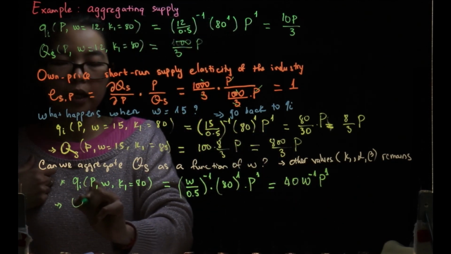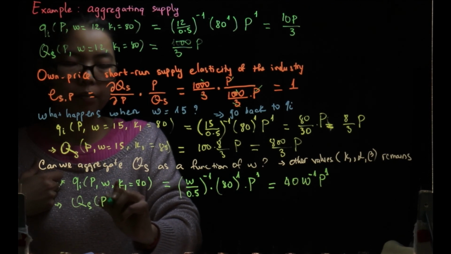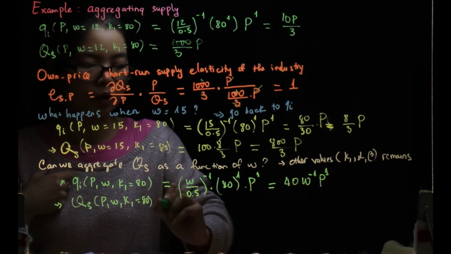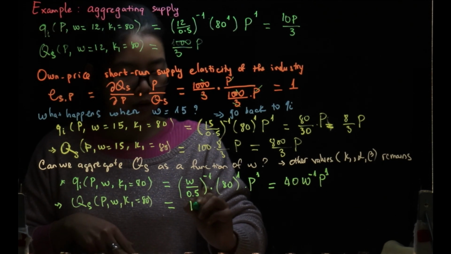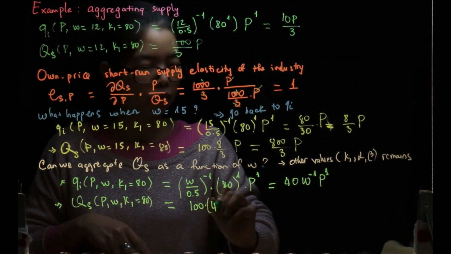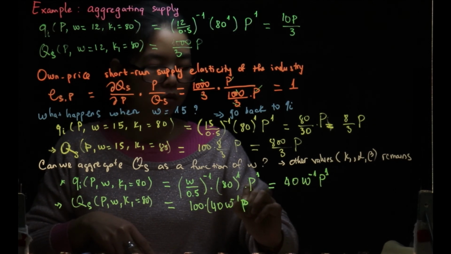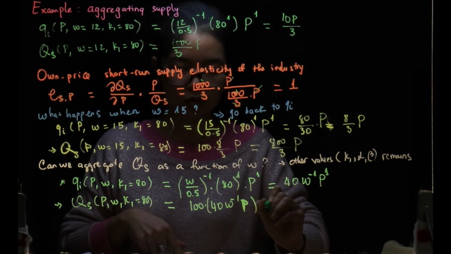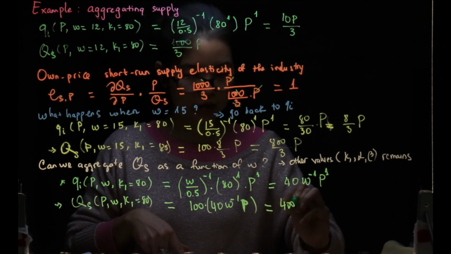So we would again write the aggregated supply QS, P, W, K1 equals 80 equals 100 times 40 W minus 1 P. I can get rid of the power of 1 already, not really relevant, and that will be 4,000.